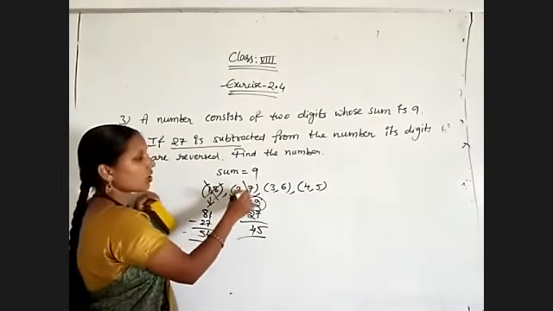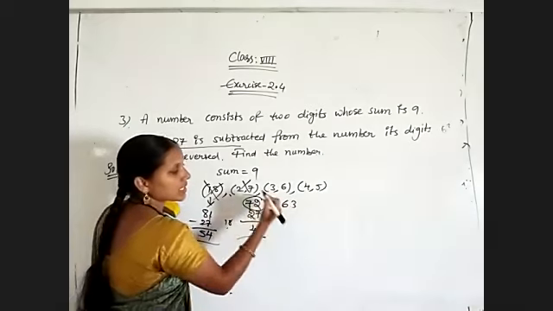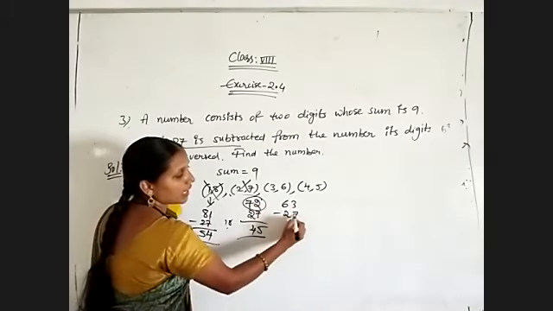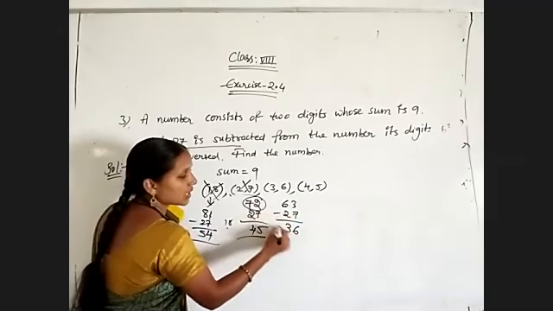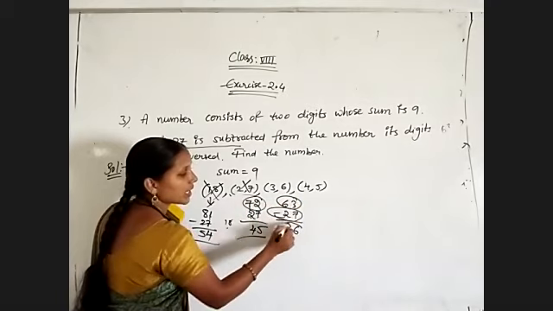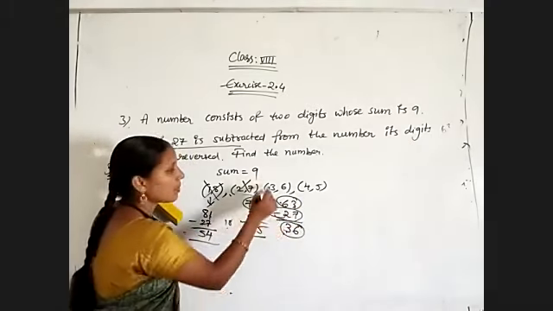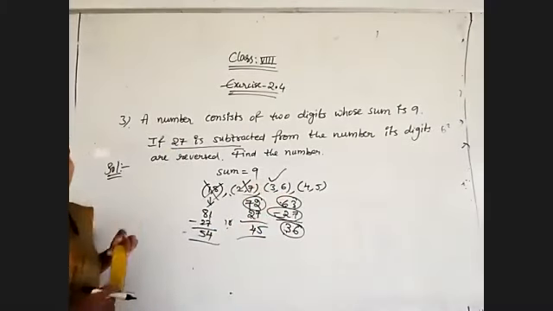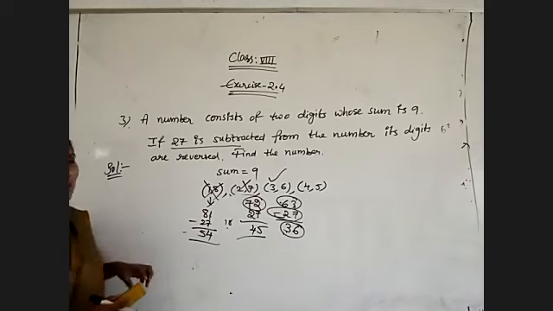So this is also not the correct pair. Coming to 36. From the greater number 63, subtract 27. What will I get? 13 minus 7 is 6. 5 minus 2 is 3. So when I have subtracted 27, 63 became 36. Digits are interchanged. So my required number is 63, not 36.